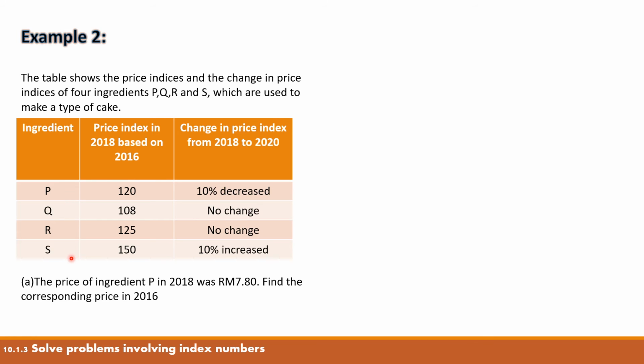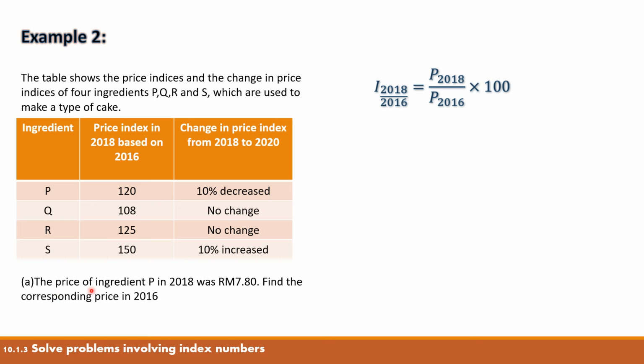And we have the third column, labeled as the change in price index from 2018 to 2020. If we convert this sentence to a price index, this will be the price index of 2020 based on 2018.